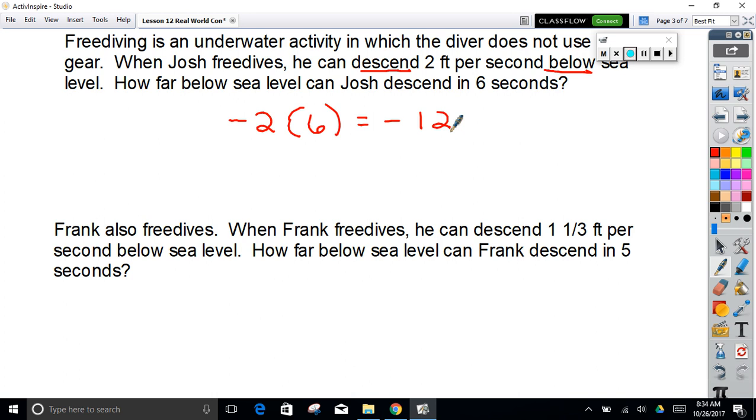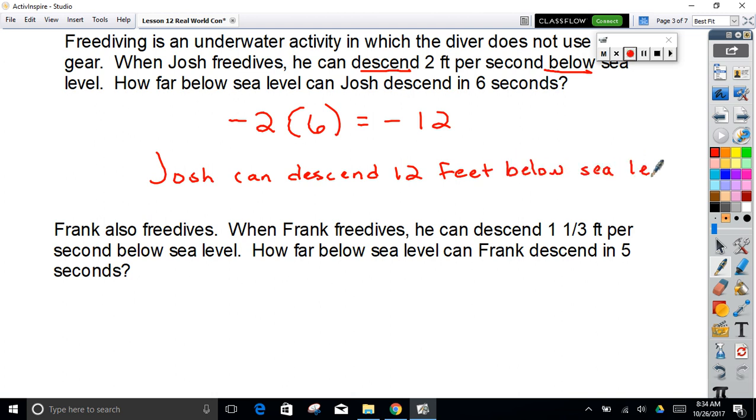So we can just say Josh can descend 12 feet below sea level, because the word below means that it's a negative 12. Now, if you were asked to express your answer as an integer, you would want to just express negative 12. So you either say he's at negative 12 or he's 12 feet below.